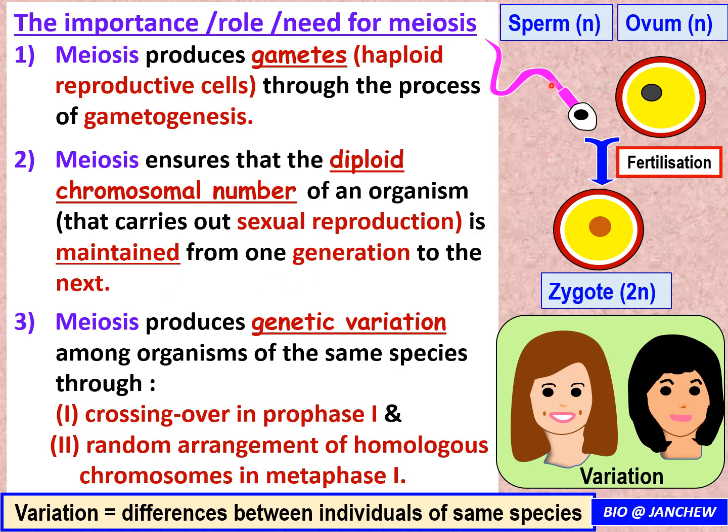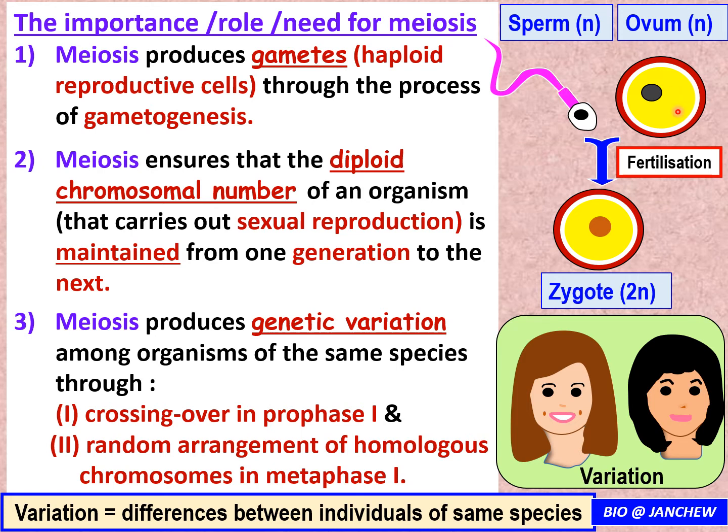But just briefly, it means that when the sperm, which is haploid, fuses with the ovum that is also haploid, a zygote is produced that is diploid. So sperm has one set of chromosomes, ovum has one set of chromosomes. Okay, sperm has the set of chromosomes from the father, so it has the paternal chromosomes.